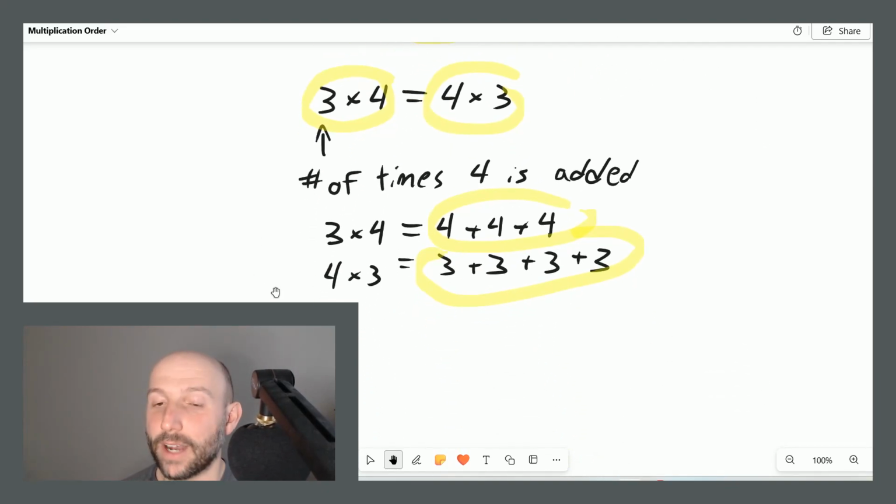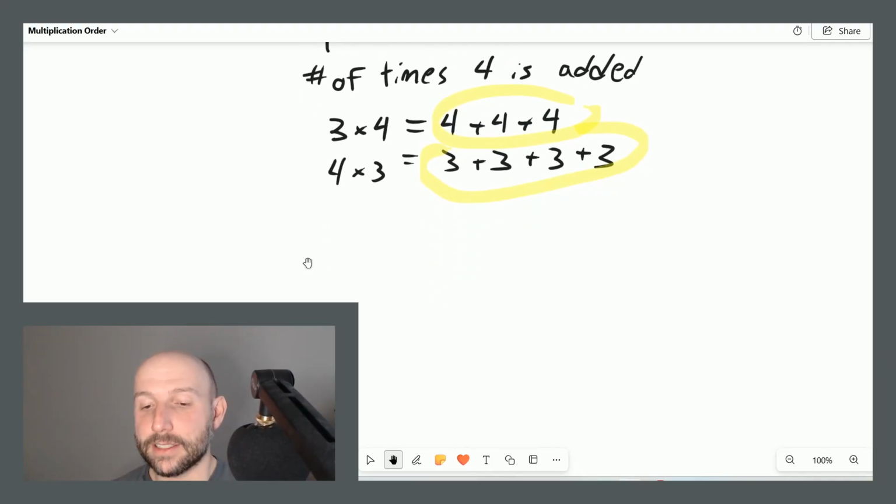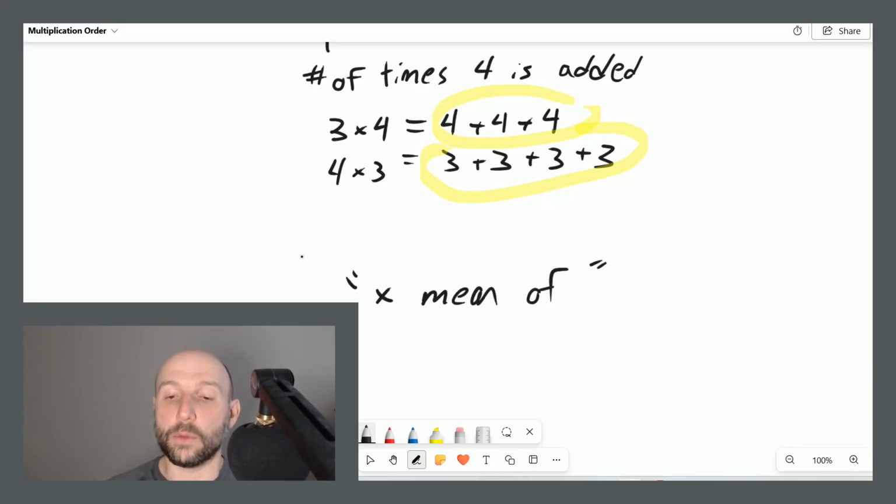So it doesn't matter how you define it, the two ways of organizing adding up one number a number of times equal to another number is just a different way of organizing the exact same thing. Another argument made against this was along the lines of times means of, right? Or that the multiplication symbol means times, right?